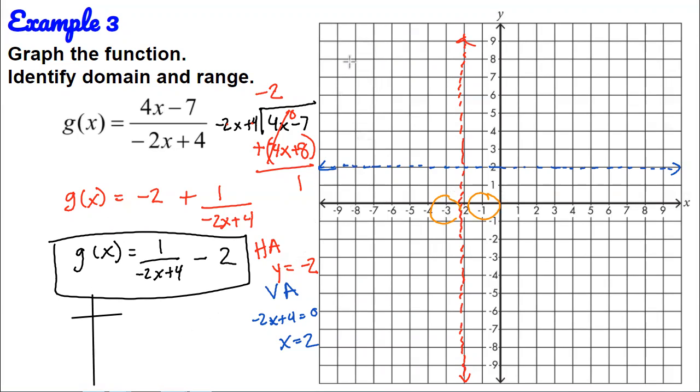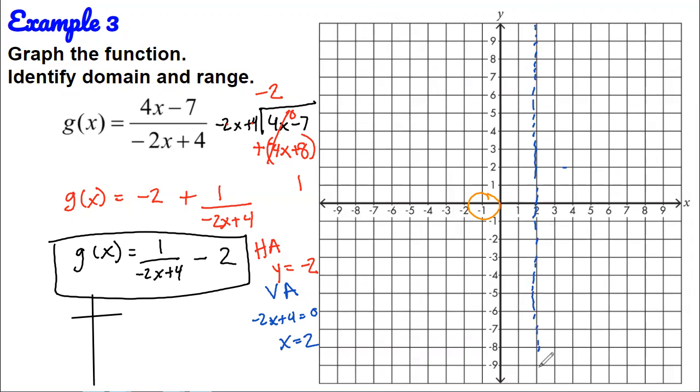Let me fix that. I have my asymptotes in different colors; I want to make sure I color code everything. The vertical asymptote is at positive 2. Sorry, I graphed them incorrectly too.